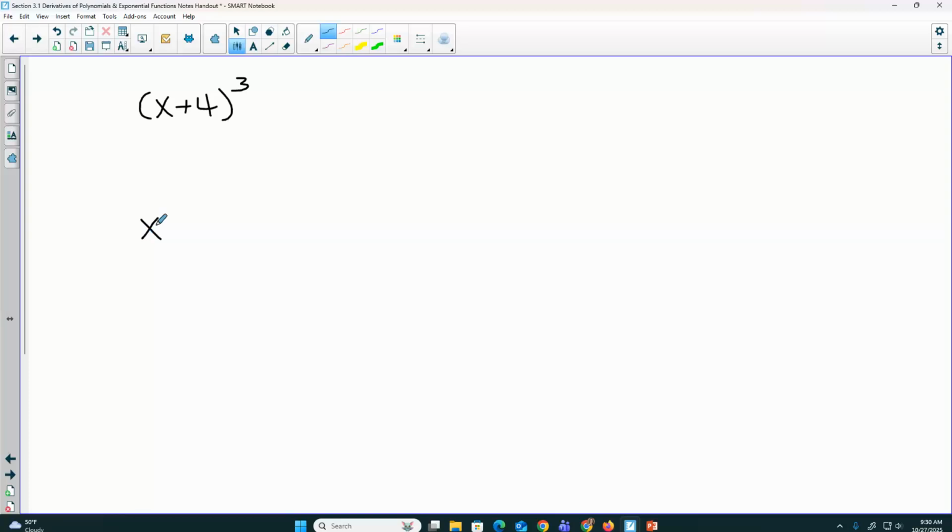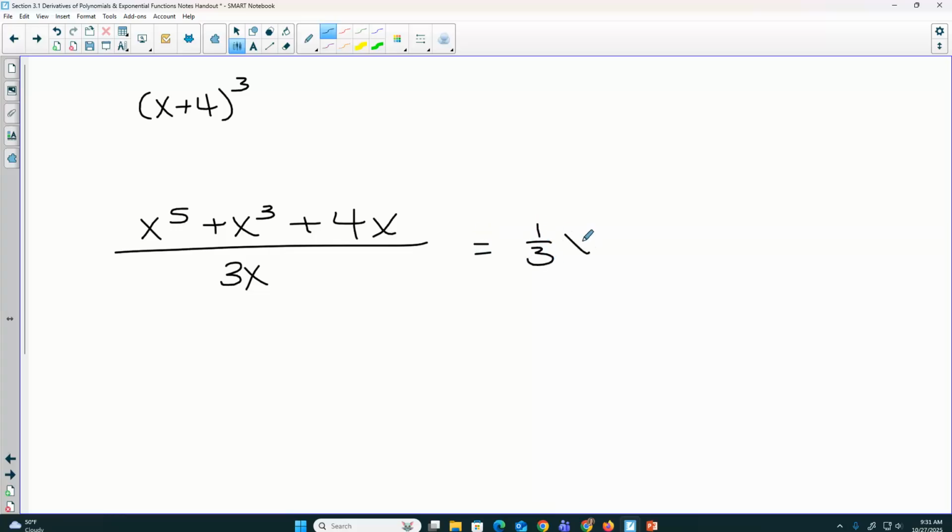If I asked you to do the derivative of (x to the 5th plus x cubed plus 4x) over 3x, what would you have to do? Divide everything by 3x and have it as 1/3 x to the 4th, 1/3 x squared, 4/3. So before you do your derivative, do any algebra so that everything is just x to a power. Then you can do your derivative term by term.